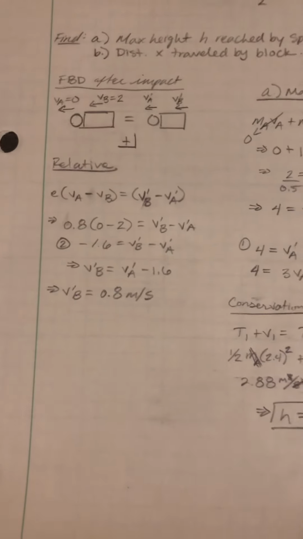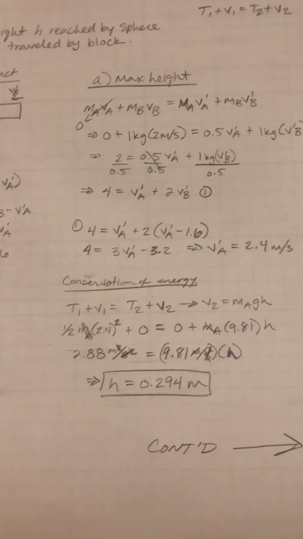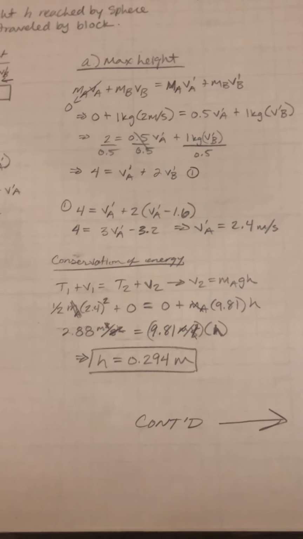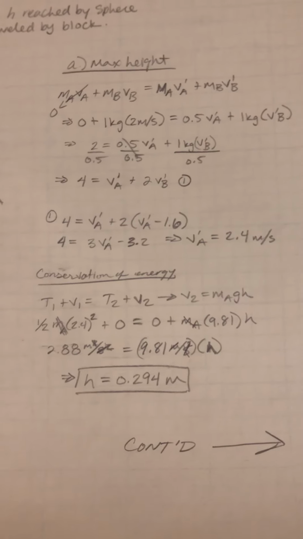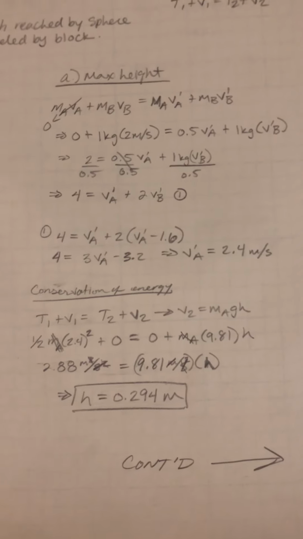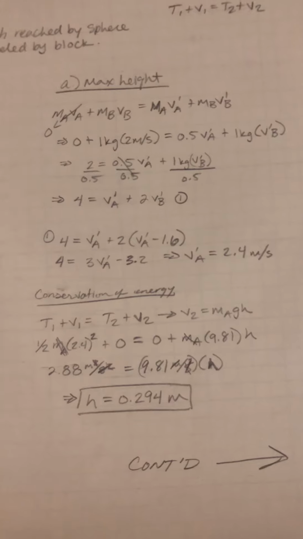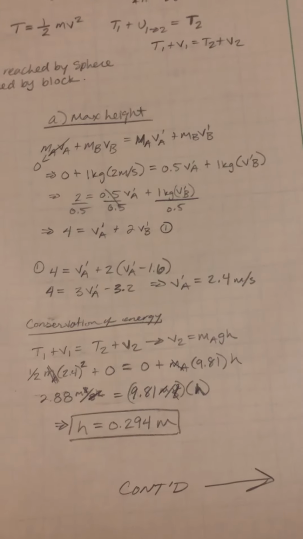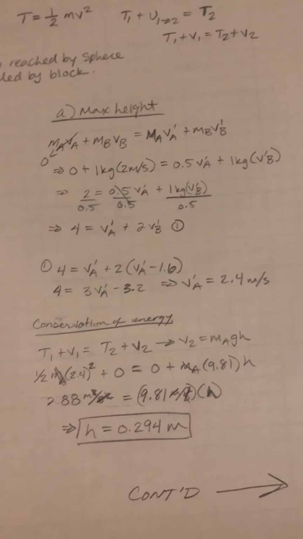Using both of those values, we plug that then into the conservation of energy equation. And we find that V2 is equal to mass at A times gravity times the height.